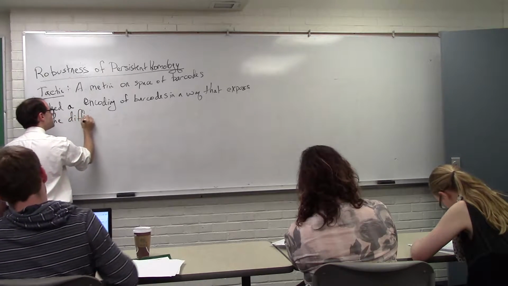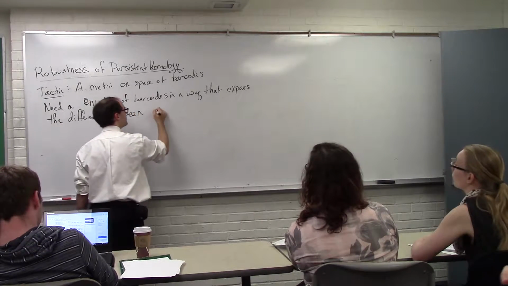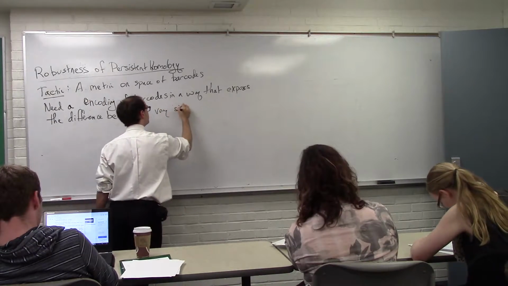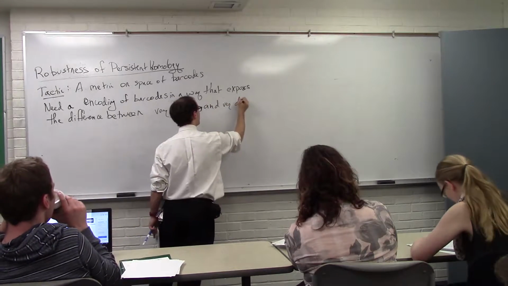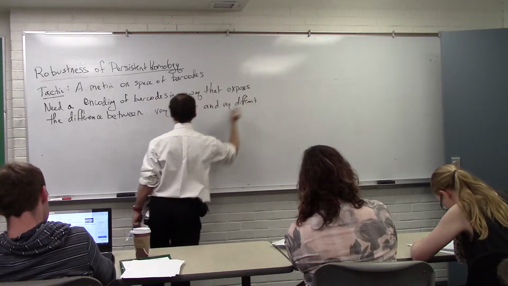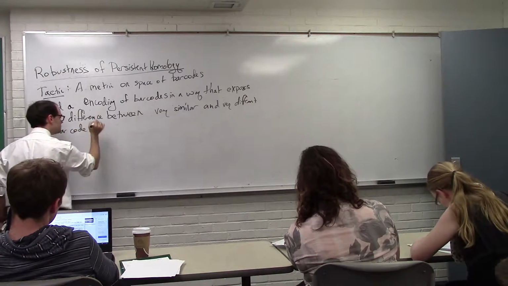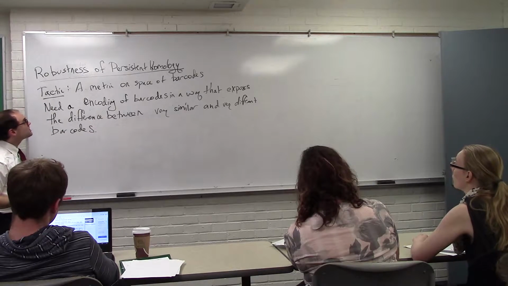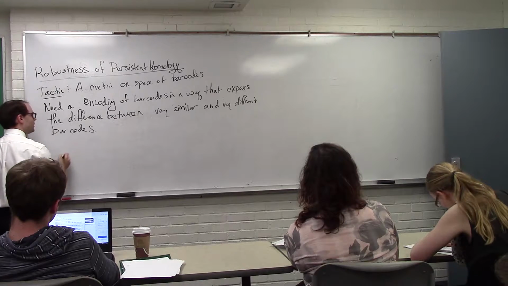Put another way, the difference between very similar and very different barcodes. And this is an encoding called persistence diagrams.